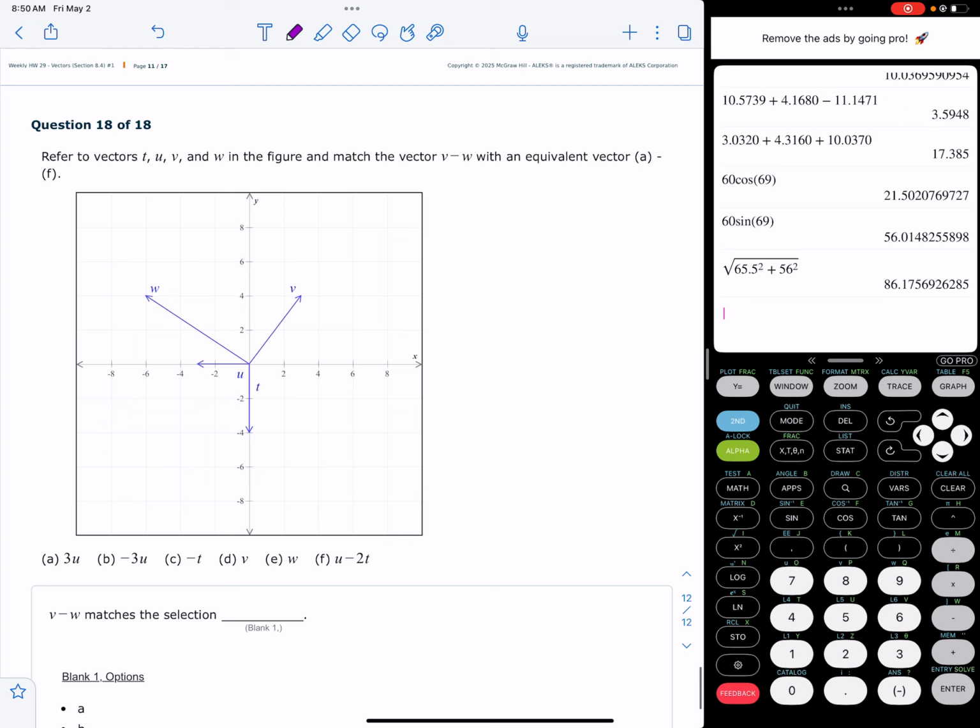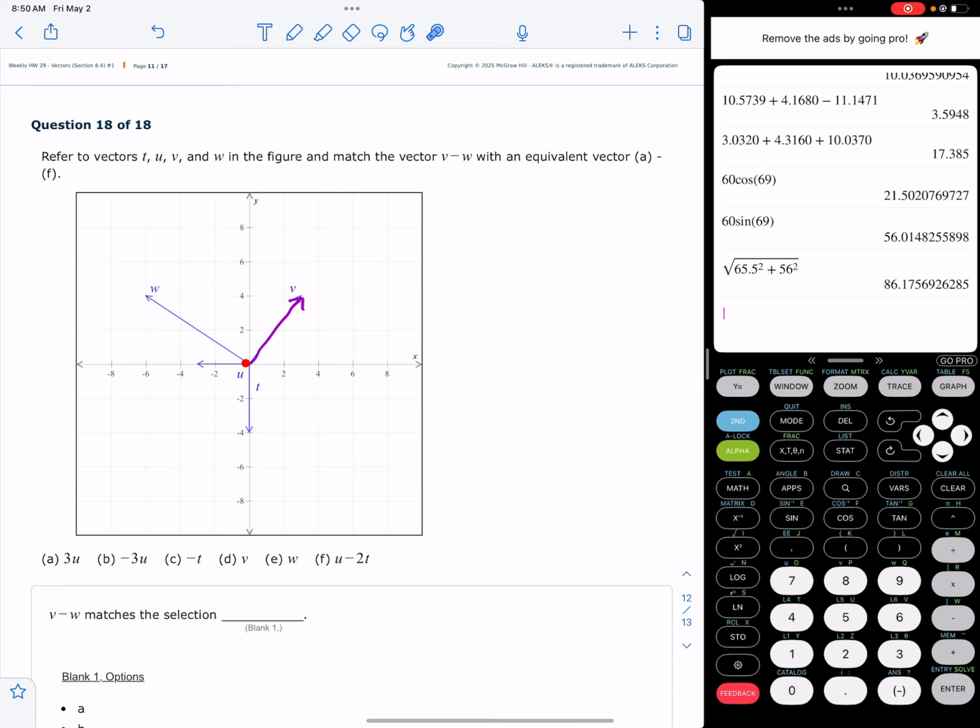All right, last one, V. Subtract W. So here's W. I'm going to be going this direction. So I'm going to be coming down here. And I would go 1, 2, 1, 2, 1, 2, 3. Oh, this is going to be weird because V ends in the middle.